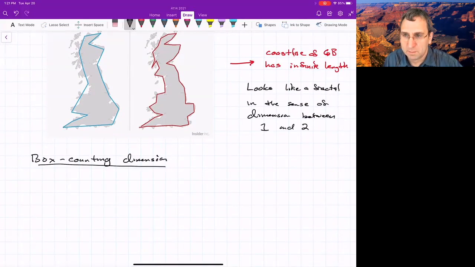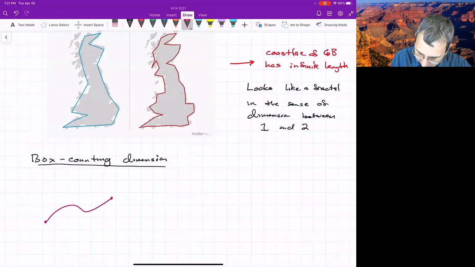So the idea of a box counting dimension is that if you have, let's say, that curve that I showed up above, if I were to use rulers of a certain length, or you could also equivalently think of it as boxes. If I've got boxes and they each have a length of epsilon, well, this is going to be covered by so many boxes.